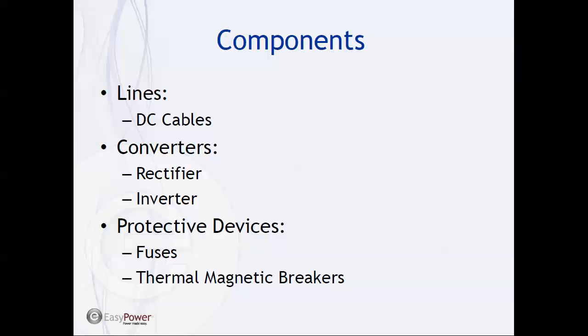Other components, we model DC cables, and for converters we model rectifiers that convert from AC to DC, and then inverters that convert from DC to AC. For DC protective devices, we have DC fuses and DC thermal magnetic breakers.